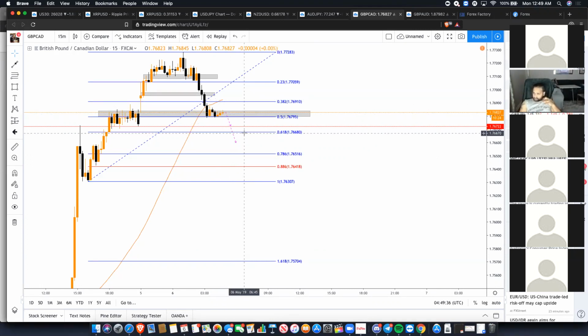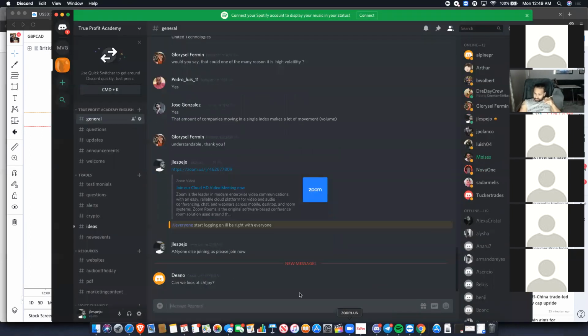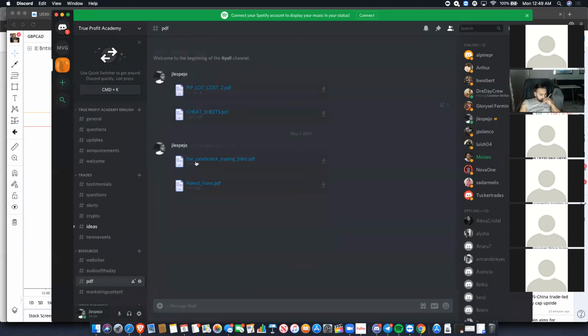So on a trade like GBP/USD or GBP/CAD, one slight movement to the upside can be a big difference. With the GBP pairs, I'm not sure if you guys remember, I put out in the chat on the PDFs the pip lot cost.